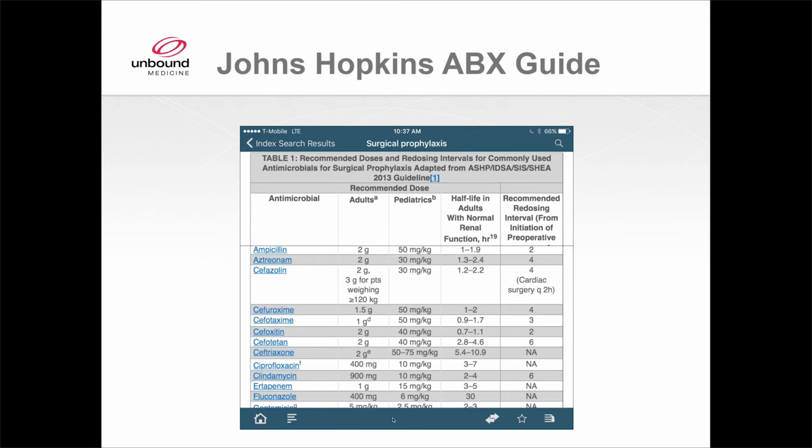We often have easy-to-navigate sections to drill in a little more, so you could also just look at commonly used drugs for surgical prophylaxis here, recommended doses, half-life, and redosing recommendations. We really tried to make this as practical as possible, and here you can see it's acknowledged from the guidelines published now a few years ago.